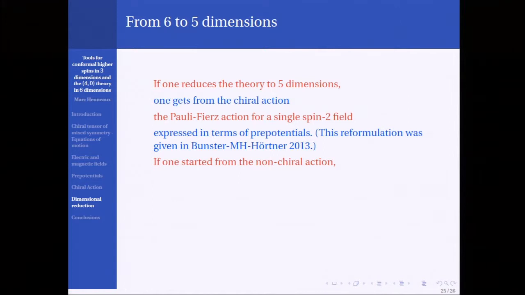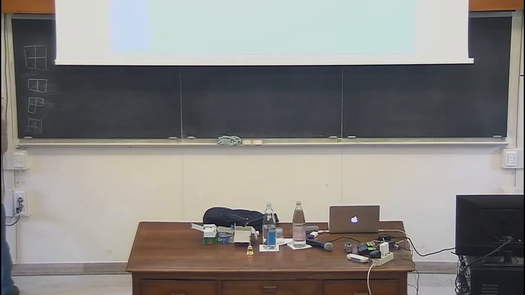If you had started with the full tensor here, a tensor like this in 5 dimensions will decompose into something which is symmetric if I have 5 and 5 here, something which is like that if I put a 5 here, and something like that. But in 5 dimensions, this has no degree of freedom, and you can show that this is a dual description of gravity.